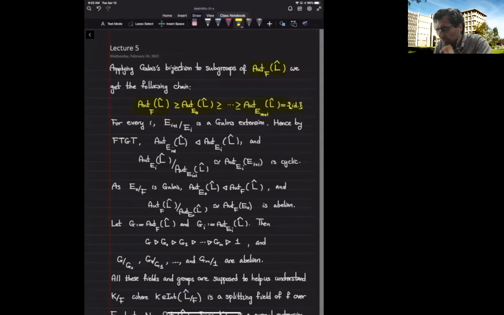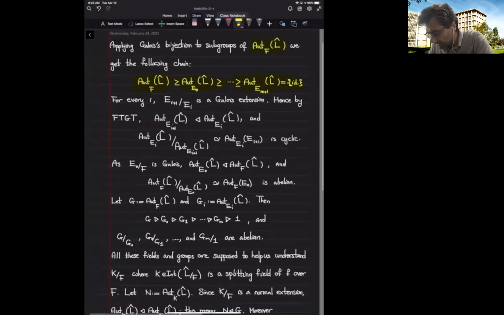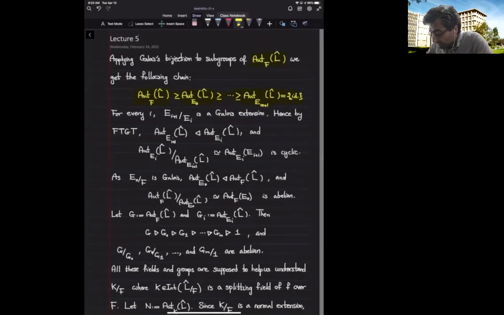Now let's see, when we say E sub i plus 1 over E sub i is Galois and the group of automorphisms is abelian or cyclic, what does it imply about the automorphisms of L hat? Again, here I'm going to use the extension. We have L hat at top, E sub i plus 1 as an intermediate subfield, and then E sub i.